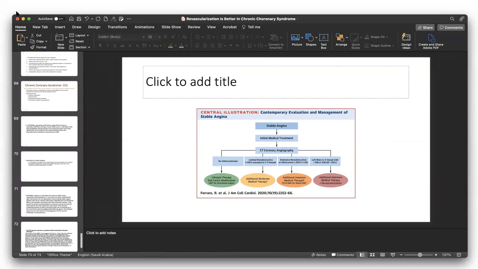طبعا حنتكلم عن الانتي بليتلتس، عن البري تريتمنت، عن الهيبارين. Then probably the lecture after we'll talk about primary PCI with whatever treatment with it as antiplatelets or whatever, then fibrinolytic treatment, and then the lecture after we'll talk about taking the patient to the cath lab after fibrinolytic therapy and the evidence from trials, the difference between facilitated PCI and pharmaco-invasive.